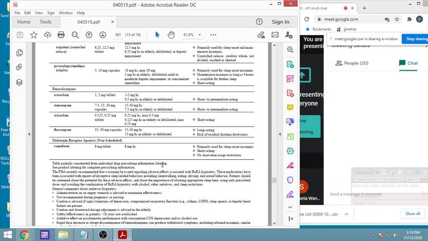What are the general problems or general comments about sedative hypnotics? Various benzodiazepines have their own problems. For example, they cause disruptive sleep-related behavior, including sleepwalking, eating, driving, and sexual behavior. That is, in sleep people may walk, or may feel hungry, like that.